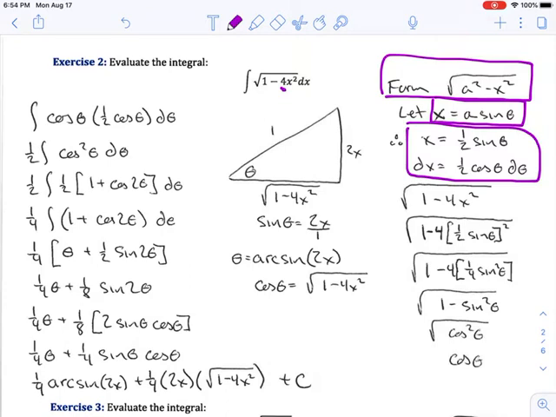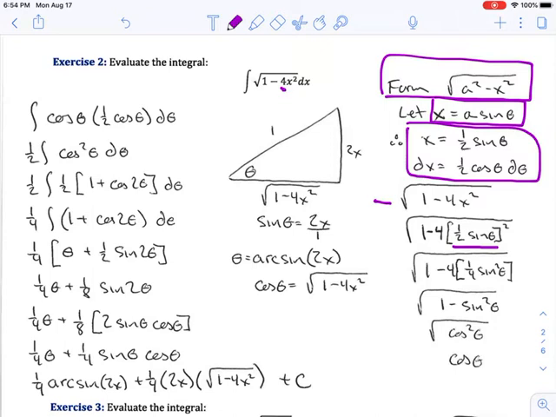Now let's see how the substitution works. That's what we're starting with, 1 minus 4x squared. When we substitute in 1/2 sine of theta, we then have to square that. We're substituting it in just for the x, so we have to square it. When we square 1/2 sine theta, we get 1/4 sine squared theta.